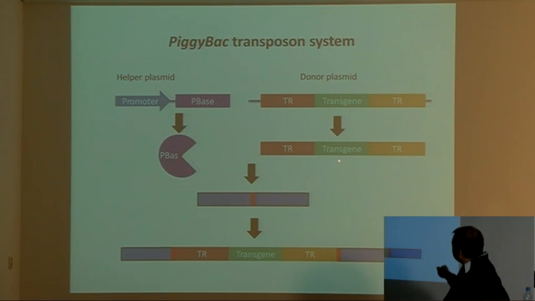It inserts into TTAA sites in the genome, and there are plenty of those, so it's essentially random integration, maybe slightly enriched for 5' parts of genes, but not much.